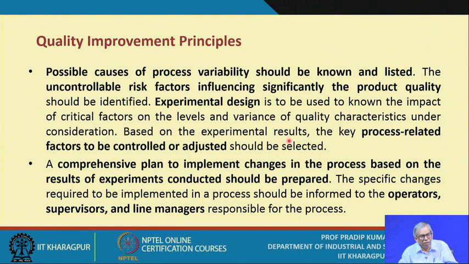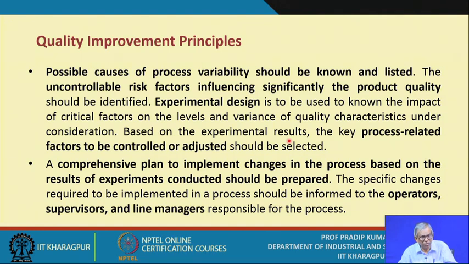So any problems we deal with related to quality control, ultimately we must know what the possible causes of process variability are, and a comprehensive plan to implement changes in the process based on the results of experiments conducted should be prepared. So the implementation plan is a very important step.